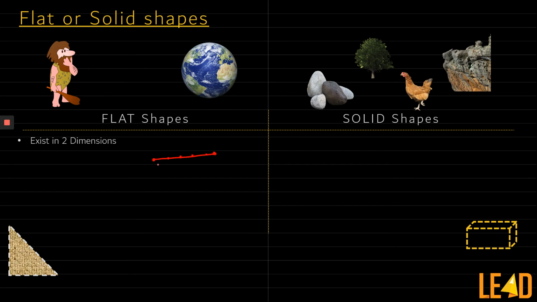I can measure along this line, and I can measure along this line, right? So now you could say length, height, or some people say breadth. I think we'll do width for this course.